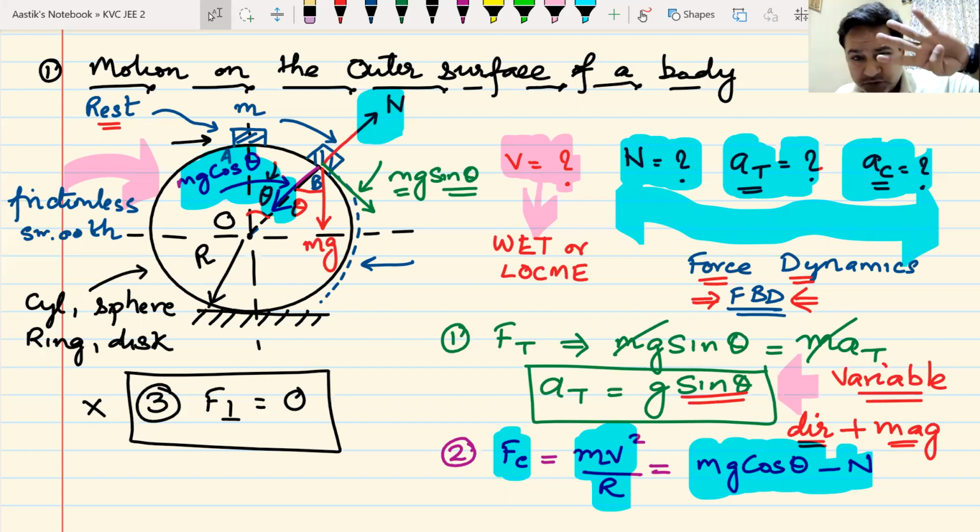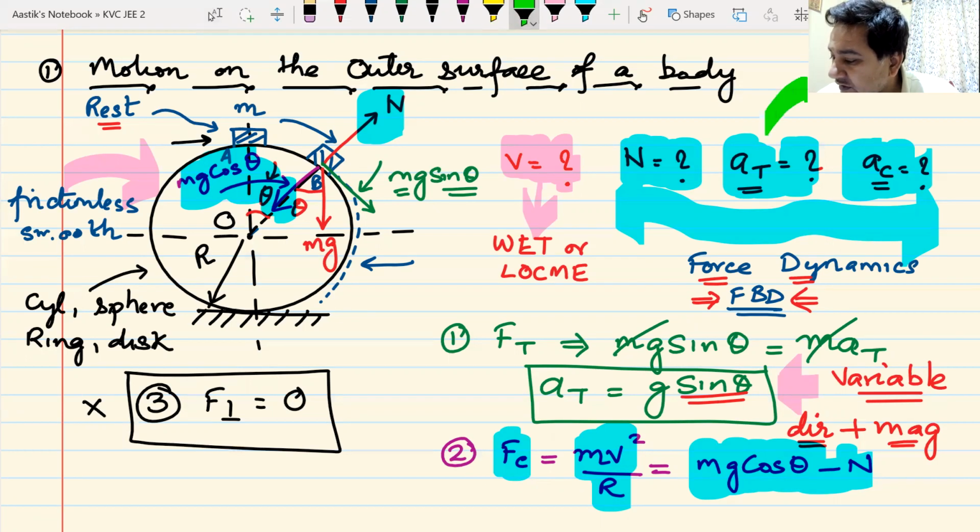We were supposed to find out four things: velocity, normal reaction, tangential acceleration, and centripetal acceleration. Up till now, we have only managed to find out one, which is your tangential acceleration, the green one.